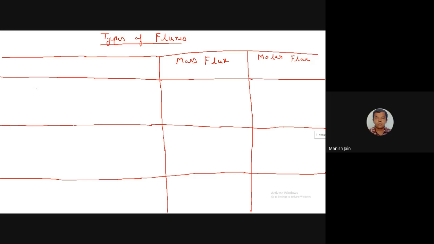First condition is with respect to a stationary observer. It is called the absolute flux, or total flux. I am giving you one example.